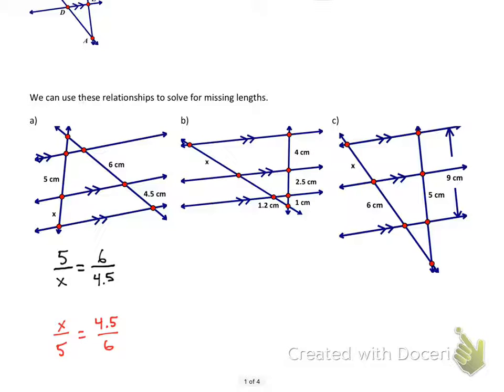All right, and let's try it one more way. 5 over 6 equals what? X over 4.5. All right, and again, you could keep going from there. Now, hopefully you're starting to see the pattern, what you're looking for. And you could probably find all 8 of them now, but you don't need to. You only need to set up one way that works.